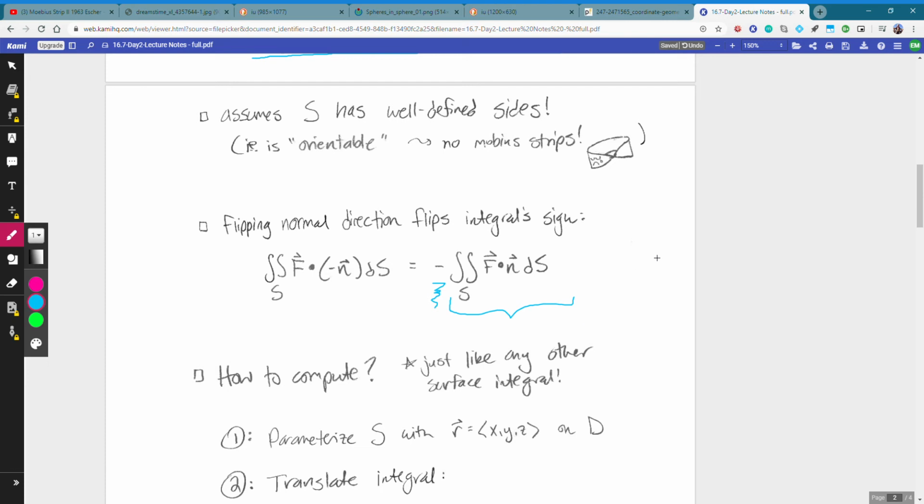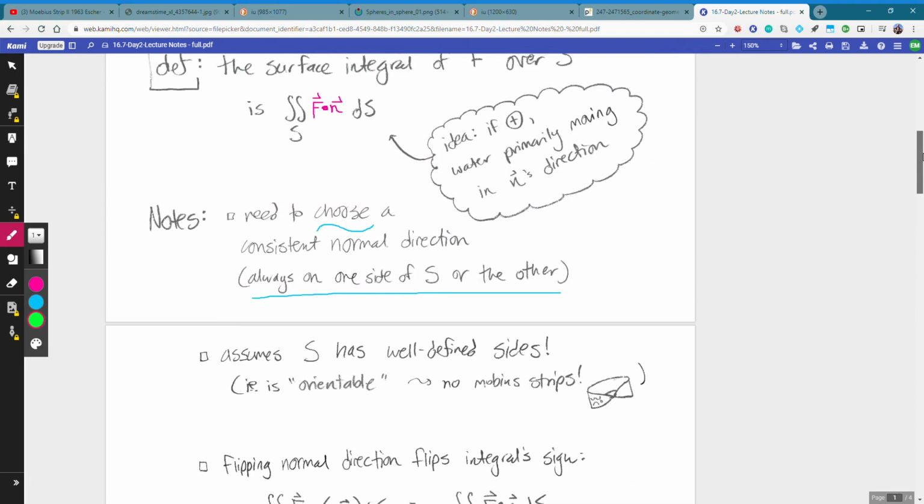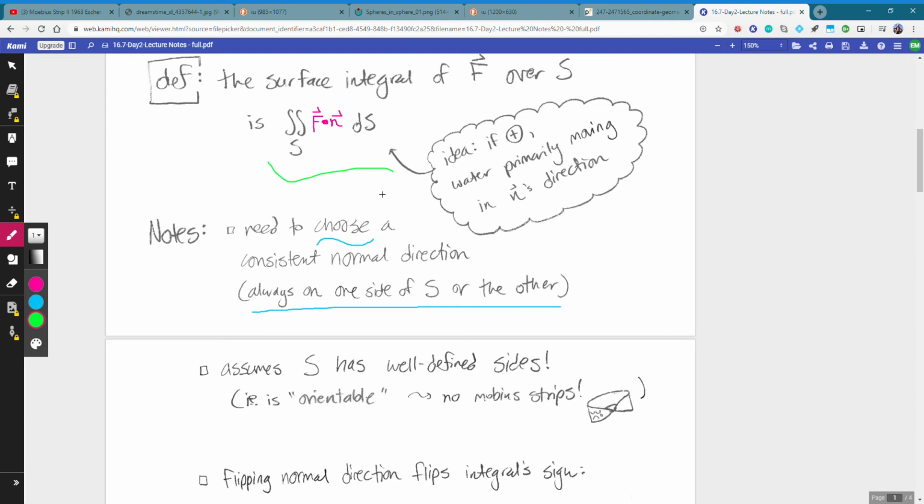All right, so that's kind of getting a feel for geometrically, intuitively, what these surface integrals are computing in the presence of a vector field. But how do we actually algebraically compute these? Well, they're surface integrals, right? And so we compute them just like we would any other surface integral.